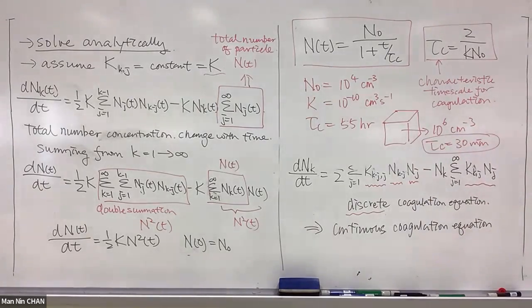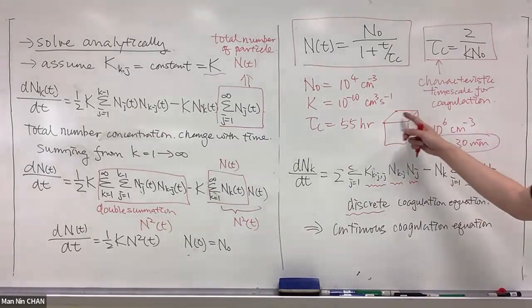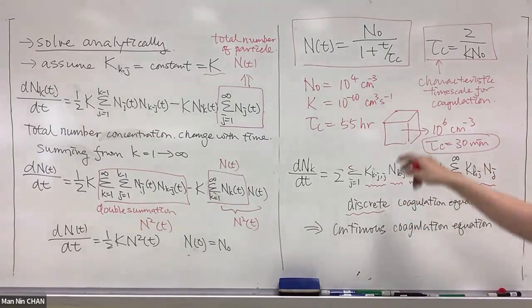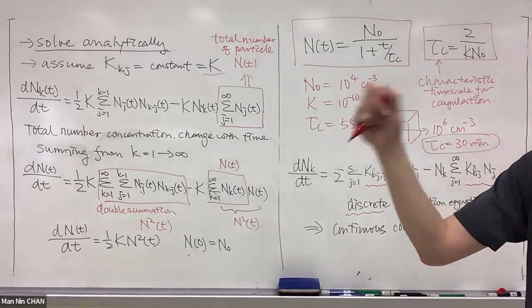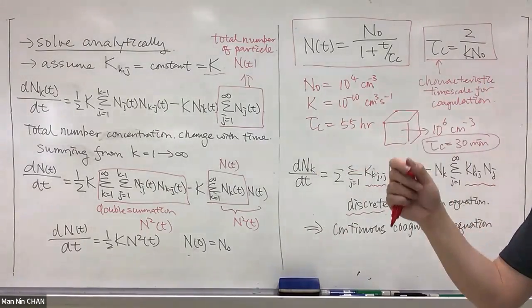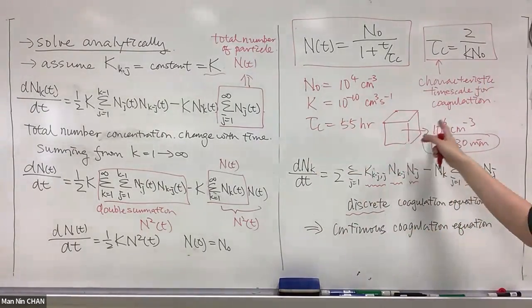Therefore, you can see that coagulation can be an important process that could happen in some environmental chamber studies. This will significantly affect your aerosol number concentration, and of course eventually may affect your particle size.